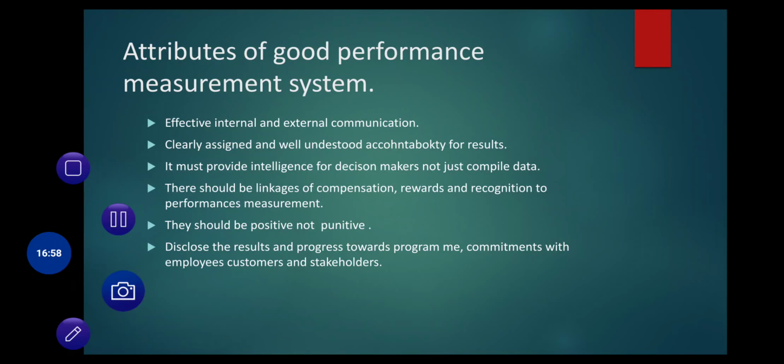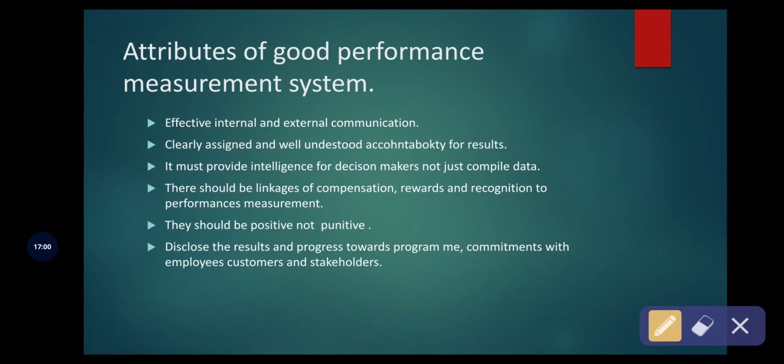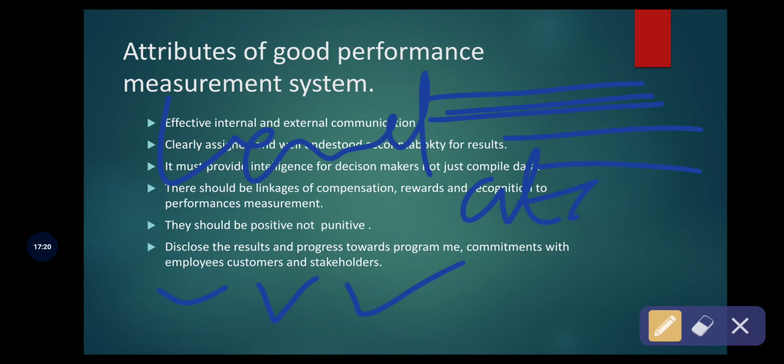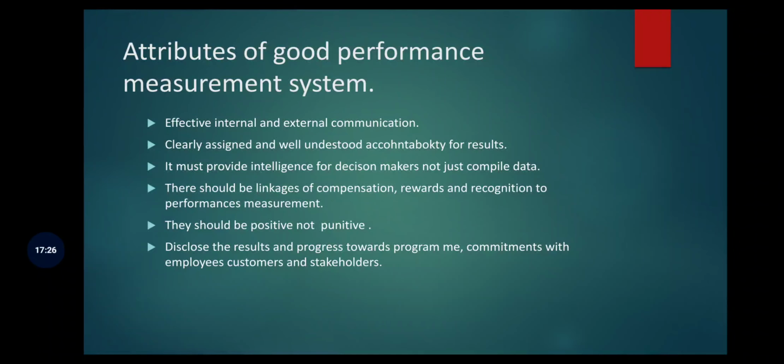So next, whatever performance you have measured from your employees, from the organization, those results must be communicated to employees, customers, and the stakeholders of the company, so that they can know at what level they are standing. You will write an exam, right?